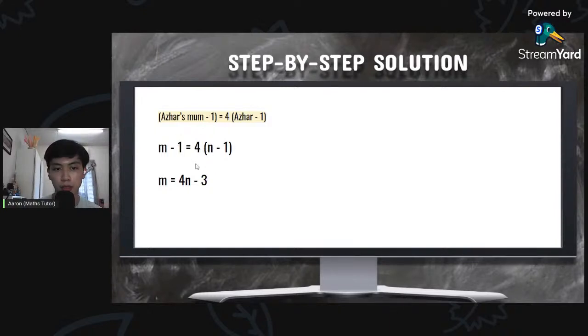The relationship between 4 and n is multiplied, so we multiply 4n, minus 4. And then here is the minus; we move it to the right hand side, and we'll get a plus. So eventually we'll get m equals to 4n minus 3. Okay, m is equal to 4n minus 3.